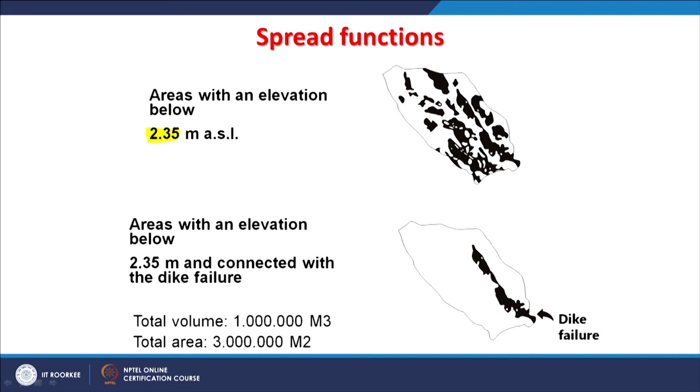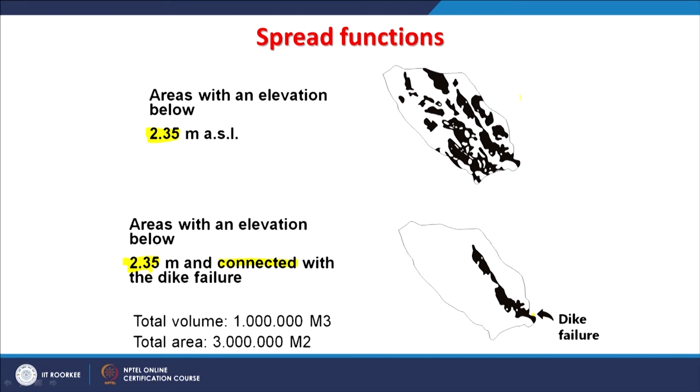Now, the area with elevation below 2.5 meter and connected, because, recall, this is the connectivity function, and if the dike fails, then which areas will get flooded? These are the areas. Why will other areas not get flooded? Because they are not connected.